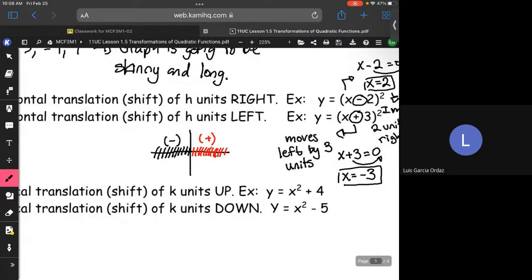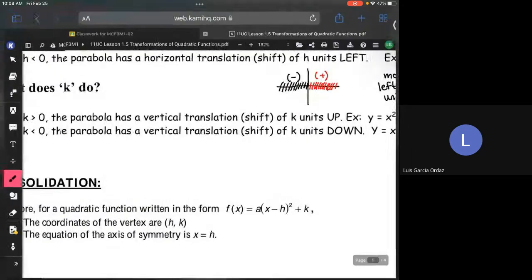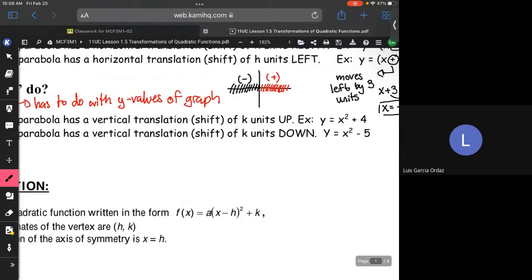And now the last part, which is the easy part, which is k. When k is bigger than 0, so when k is a positive number, it just means moving up, because my k has to do with the y values of the graph. So if my k is a positive number, that means I'm moving up a certain amount of units.